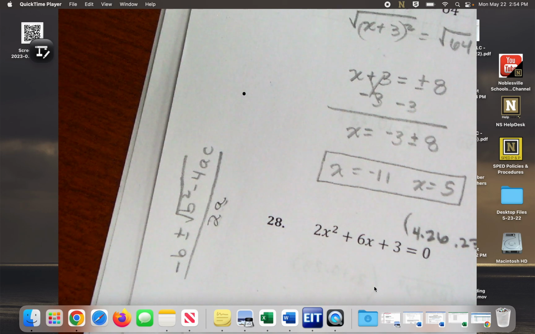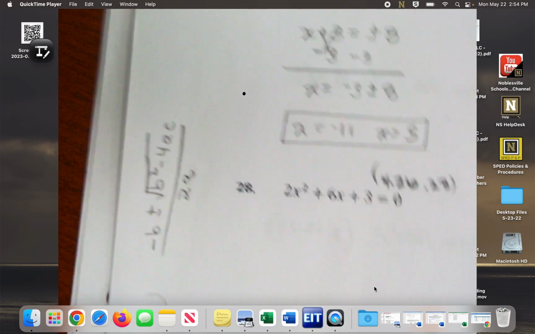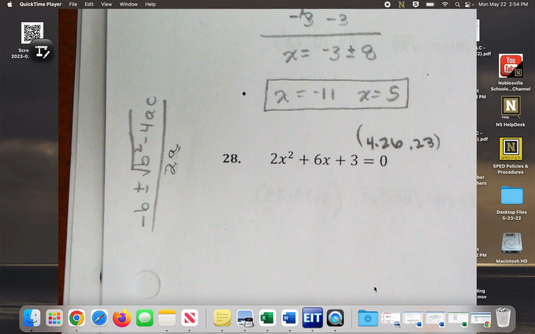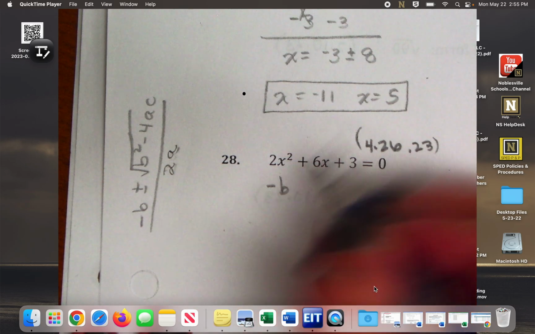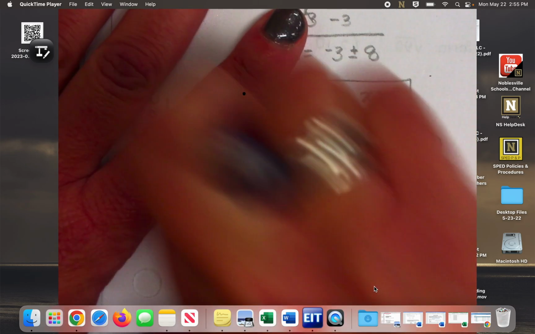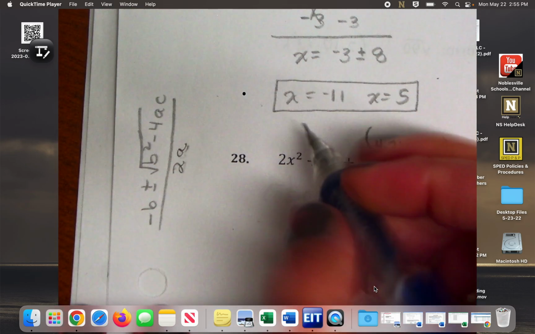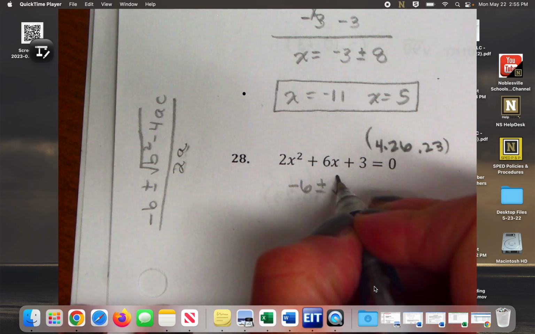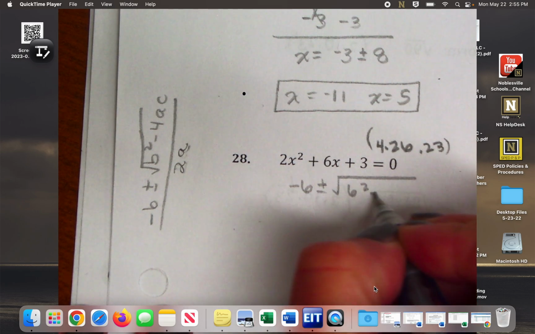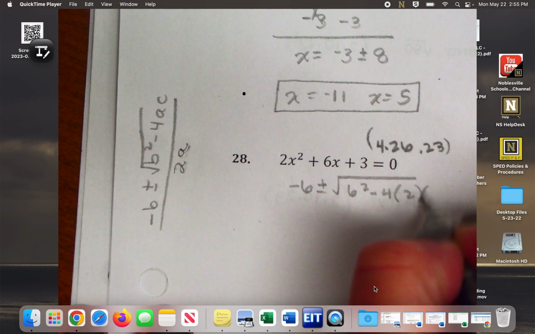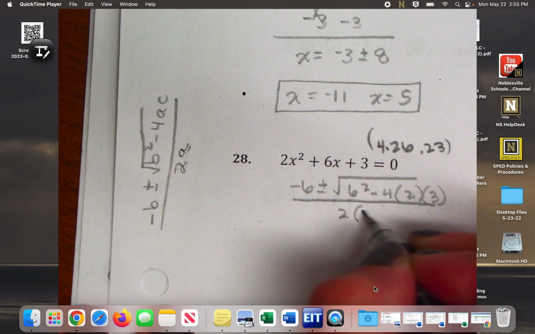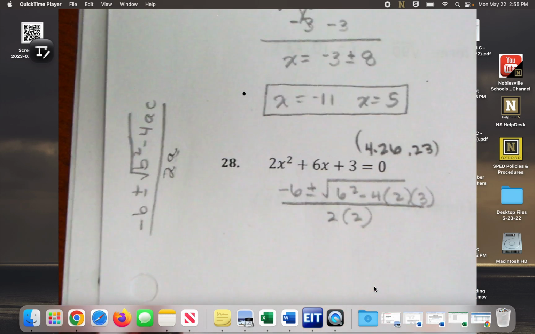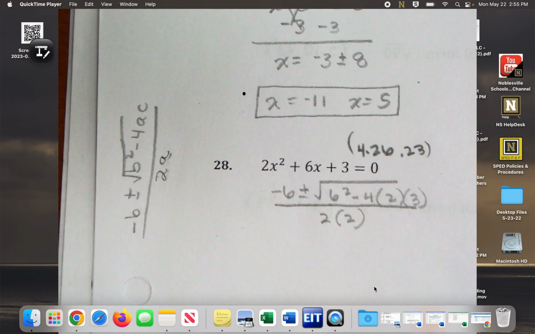I suggest you write it somewhere on your study guide. And then we're going to put the numbers in. So the opposite of b is going to be negative 6. All right, so the first step is to just put the numbers in the formula.